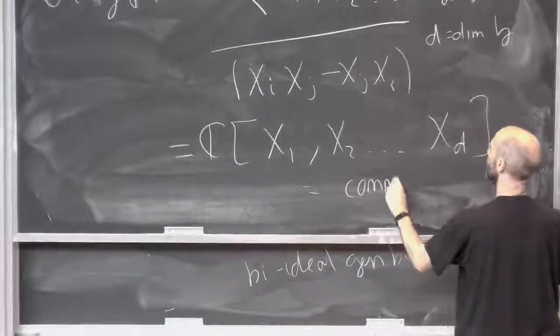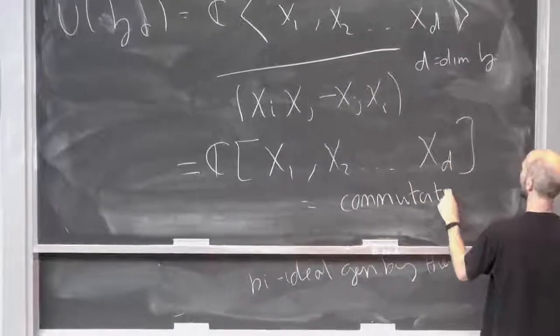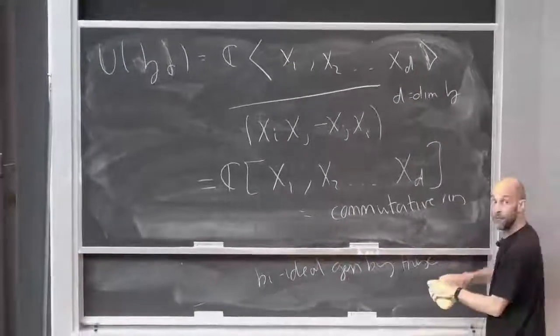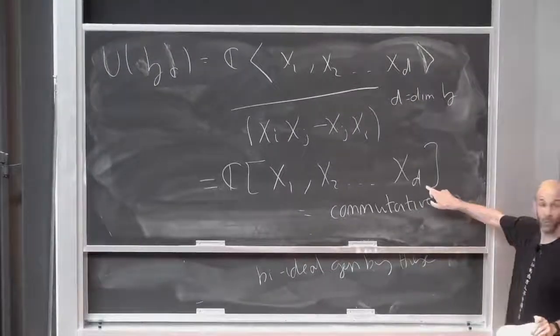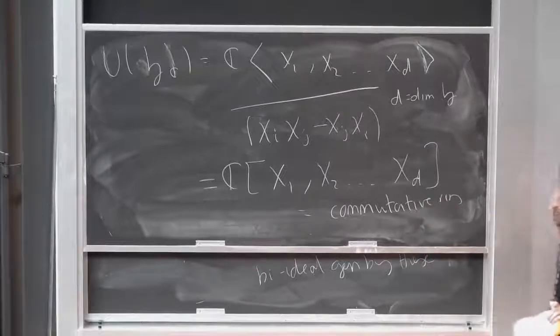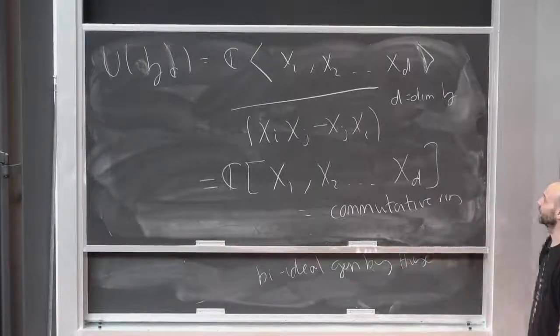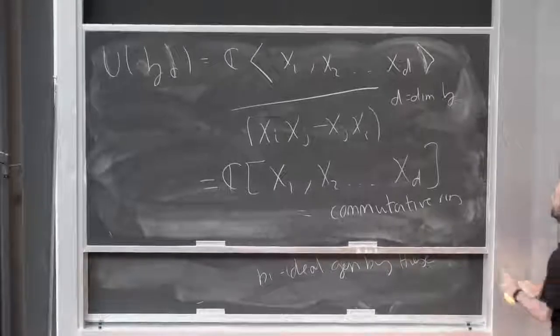Commutative ring. It's infinite dimensional, right? d is bigger than 1. So it's kind of complicated, more complicated than H. H is only d-dimensional. This is infinite dimensional, but, you know, it's finitely generated, so it's kind of not that bad. It's a commutative ring.